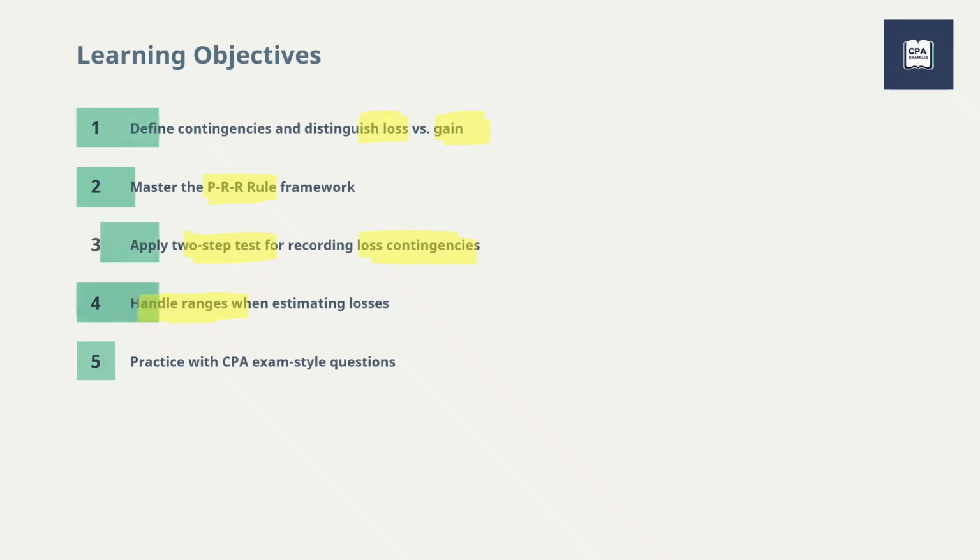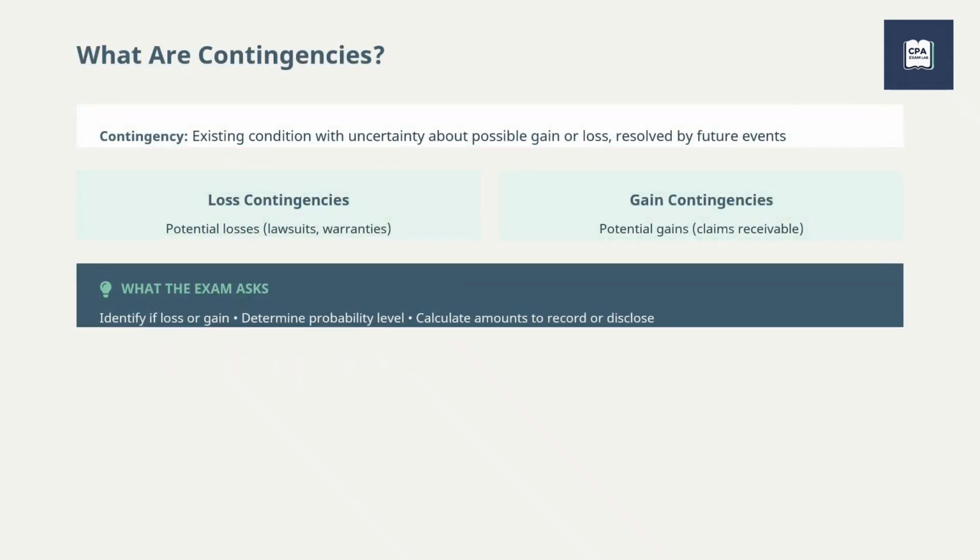What exactly is a contingency? A contingency is an existing condition with uncertainty about possible gain or loss resolved by future events. So here what we need to pay attention to is the uncertainty. And there are two types of contingencies.